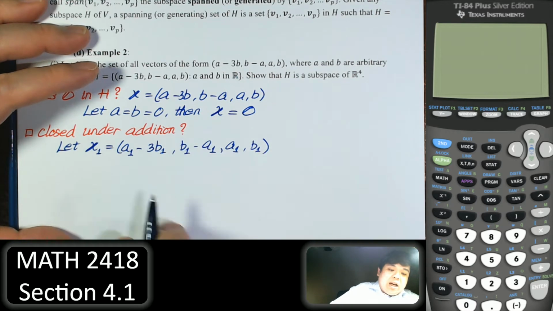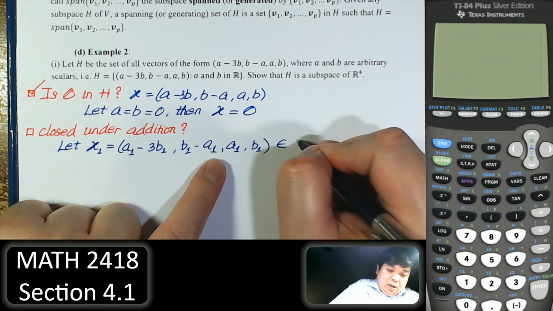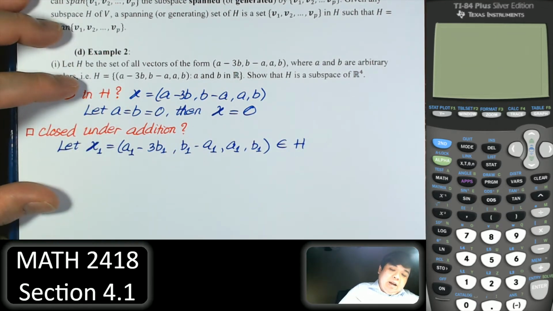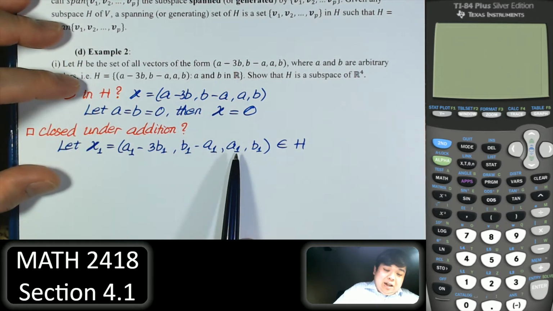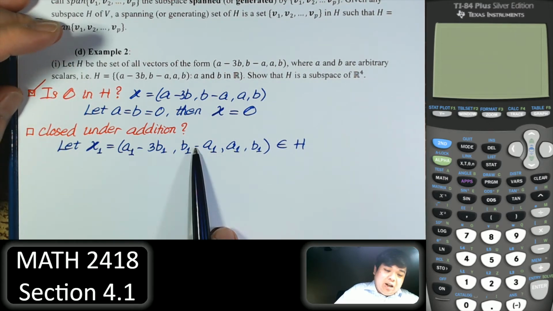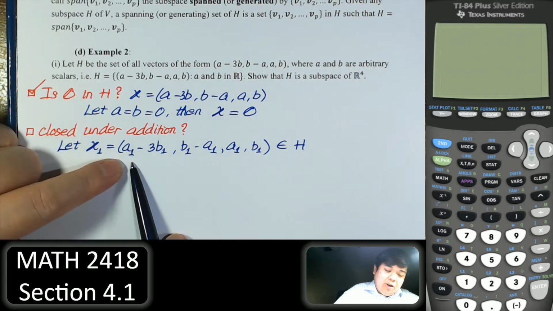When we write it like that, this is an element in H simply because it has this form. By this form, I mean the third component and the fourth component. When we subtract them, we have the second component, and a certain combination gives us the first component.